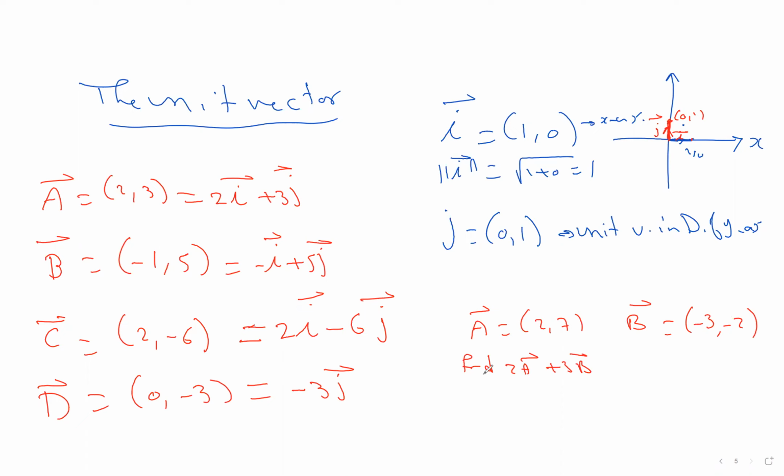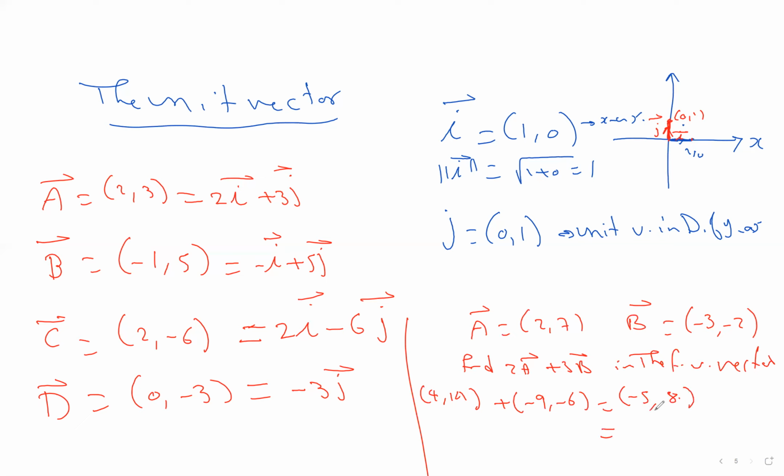If we need to find 2A plus 3B in the fundamental unit vectors, we have to add them first. So 2A is (4, 14), plus 3B, which is (-9, -6), and add them, you will get (-5, 8).